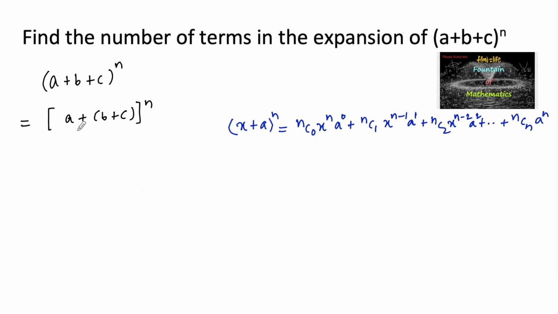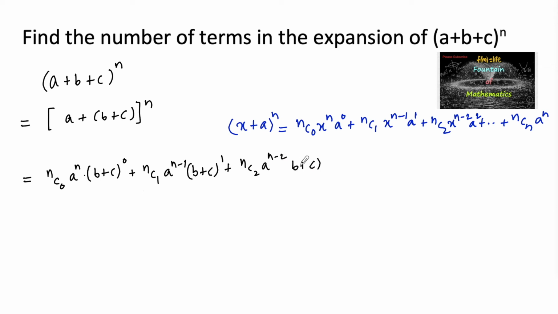So here let us consider a as the first term and b plus c as the second term. So we can write nC0 a to the power n into (b plus c) whole to the power 0 plus nC1 a to the power n minus 1 into (b plus c) whole to the power 1 plus nC2 a to the power n minus 2 into (b plus c) whole to the power 2, and so on.